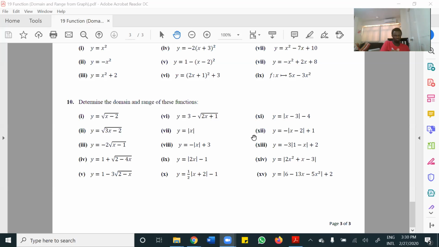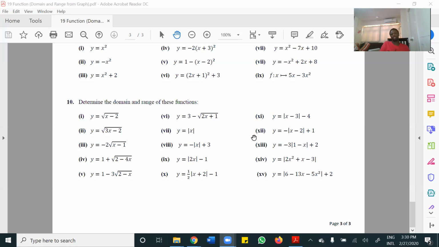The domain is the set of real numbers x such that x is greater than or equal to 2/3. That's correct. So it's not all the time you have less than or equal to.